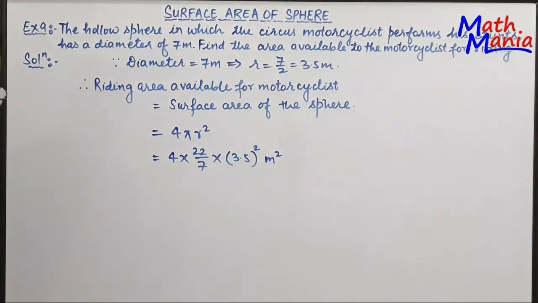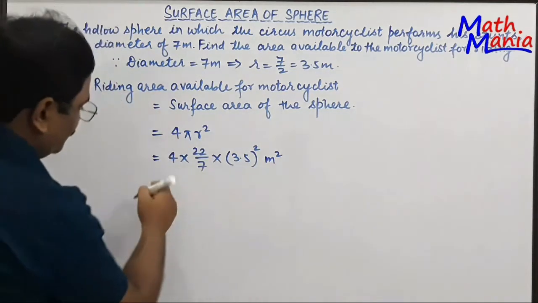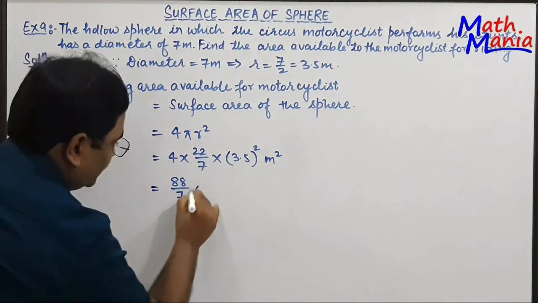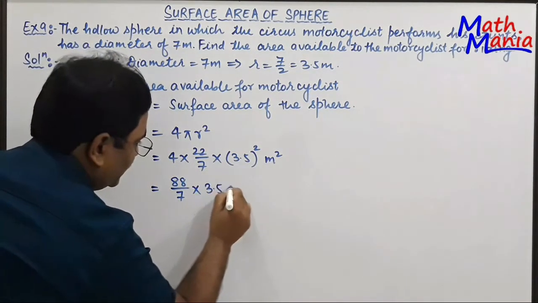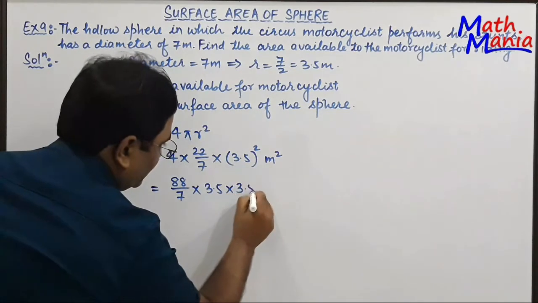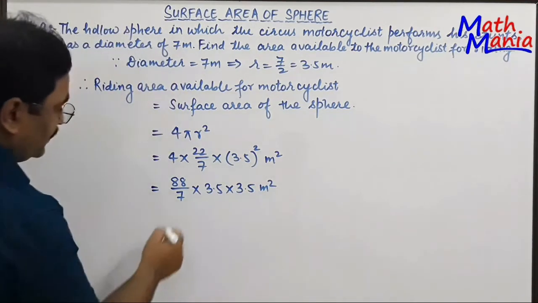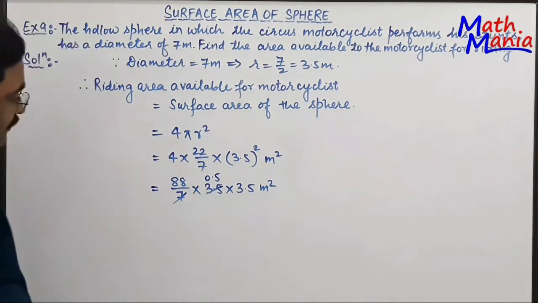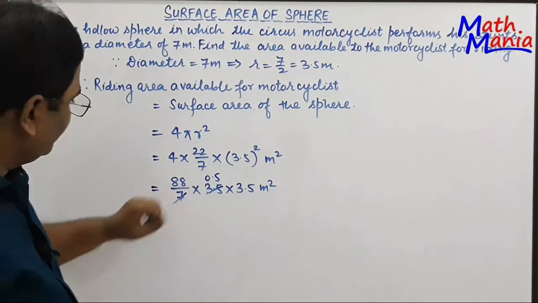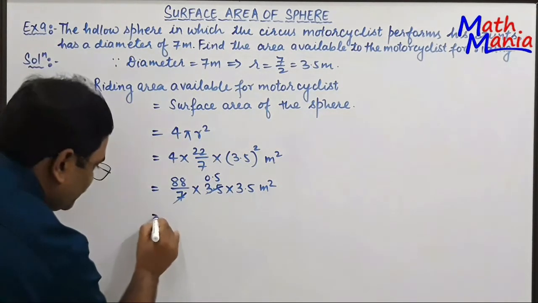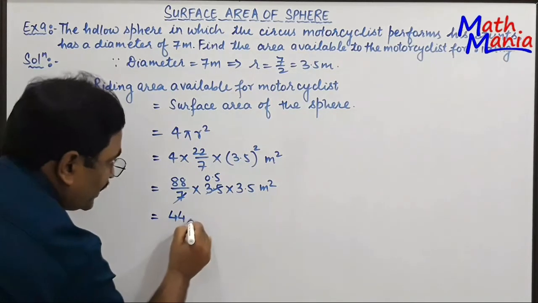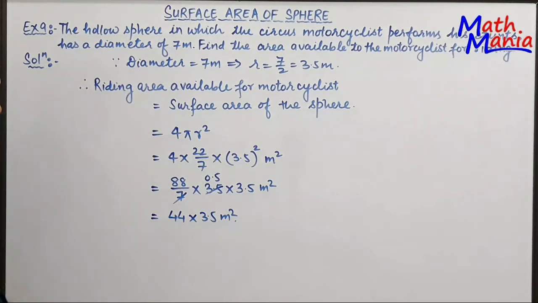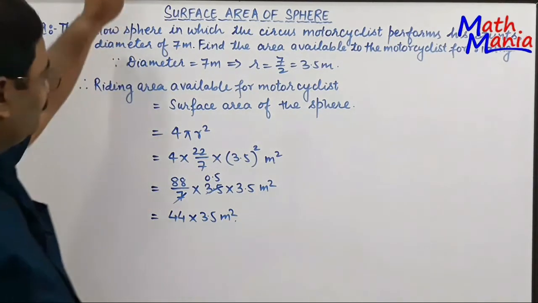Now simplify it. If we multiply 22 in 4, 22 4s are 88 upon 7. This can be written as 3.5 into 3.5 meter square. Let's solve it. 7 5s are 35, which is 0.5. Now if we multiply 88 into 0.5, we will get half of 88, which will be equal to 44 multiplied by 3.5 meter square. Now we need to multiply this 44 into 3.5.